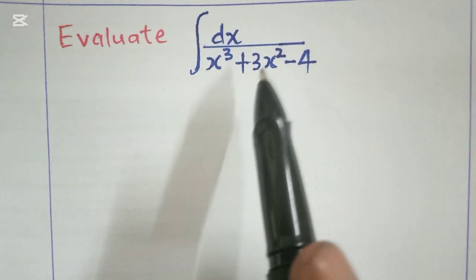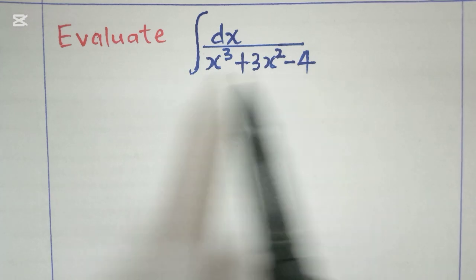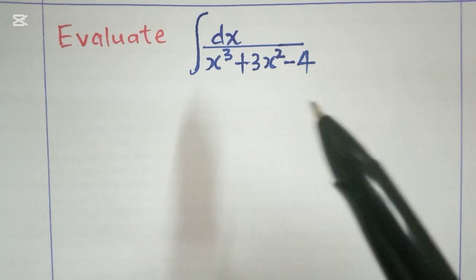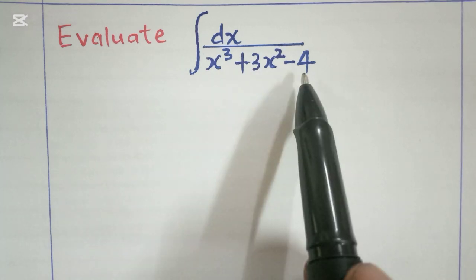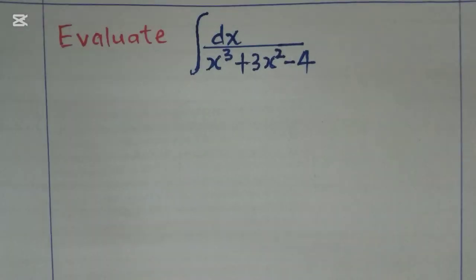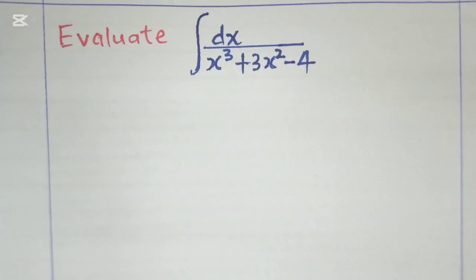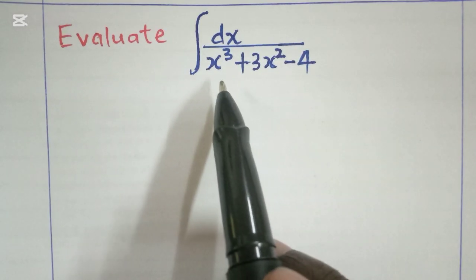We need to look at this, and this one is actually a polynomial. Most of the time we are given one of the solutions of a polynomial, but in this case we don't have any solution. So what we do is what we call the trial and error method.